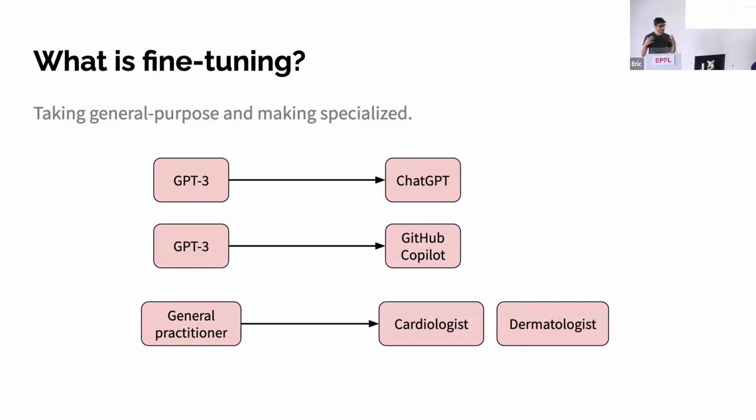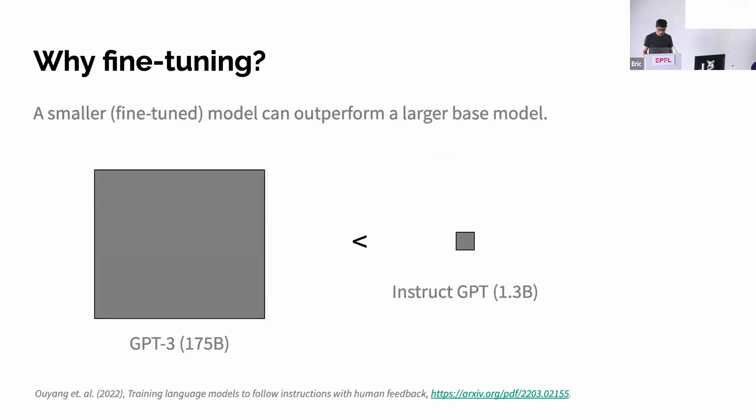We're going to take something that has seen a lot of general information and hopefully exploit that to go deeper into a specific application. So why would you want to do fine tuning? In this paper, it was shown, for example, that GPT-3, which had 175 billion parameters, actually performed worse than a smaller GPT model which was fine-tuned specifically for this instruct use case.